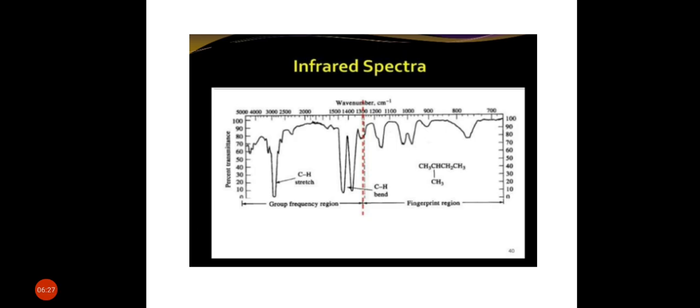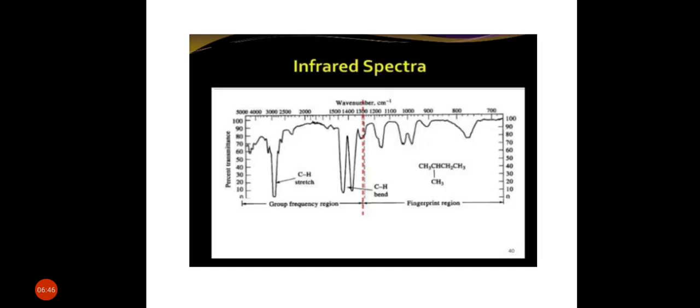So from the fingerprint region we identify the molecule of the sample, and from the functional group region we identify the functional group of the molecule of the sample.